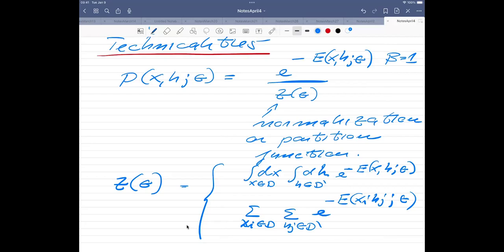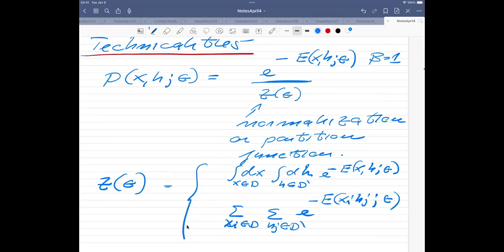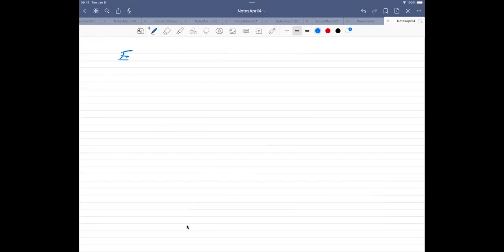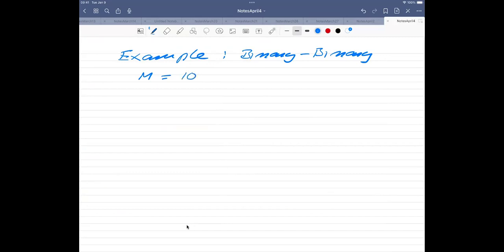So this is the partition function itself, and you see quickly now that suppose you have a binary case. Just to give you an example, and you will see quickly why this explodes. Example, if we take a binary case, then we can take as an example, suppose m is equal to 10, and then we do n equal to 10.